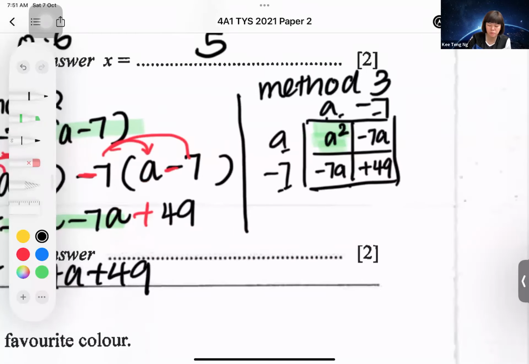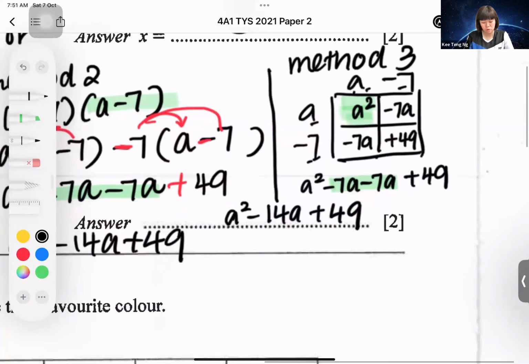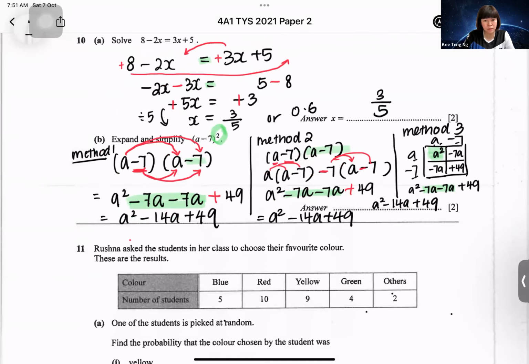Then we simplify the terms that have the same units together, and we get our answer, A squared minus 14A plus 49. Have you gotten the answer? So there are a total of 3 different methods over here. Pick the method that you like.